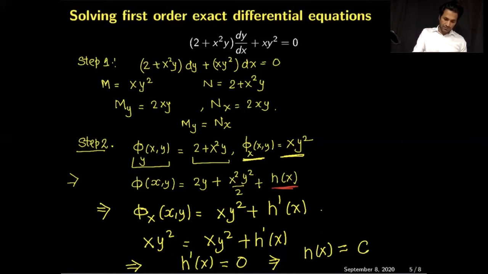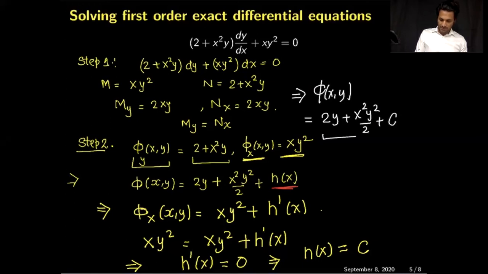So my solution to this differential equation is the function phi of x comma y, which is equal to 2y plus x squared y squared over 2 plus c. So this is the value of the function. How do we write down the solution?